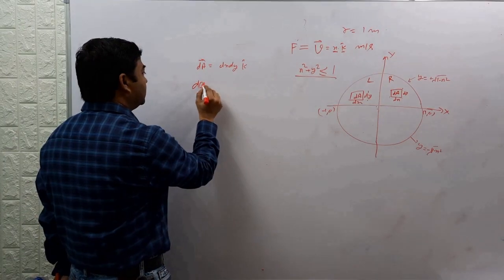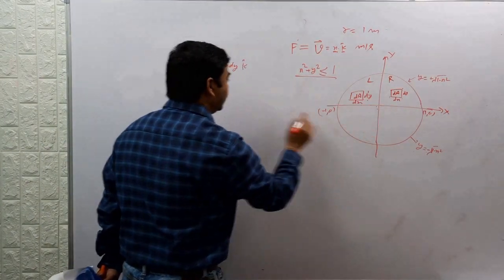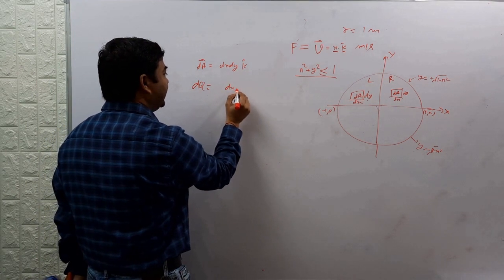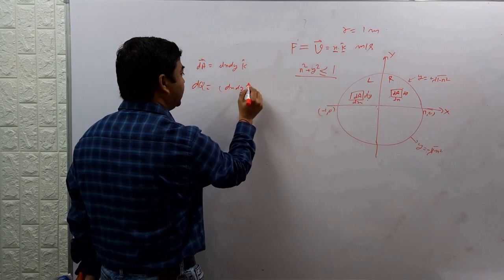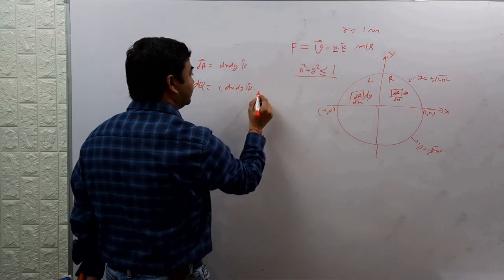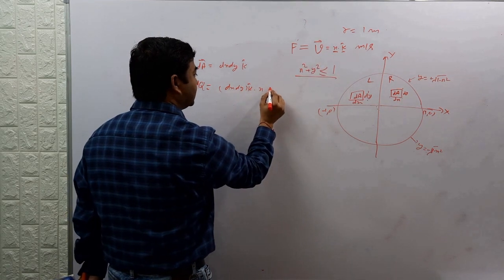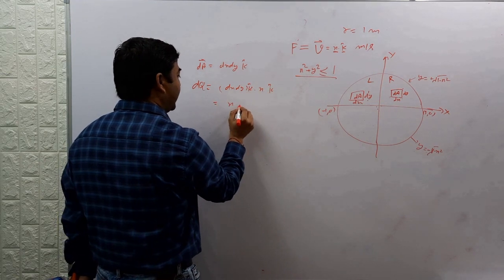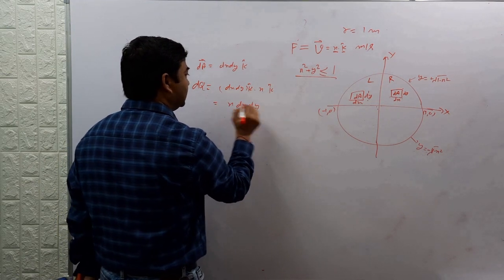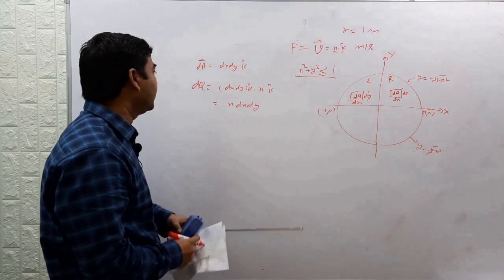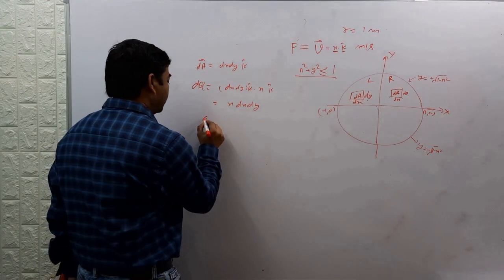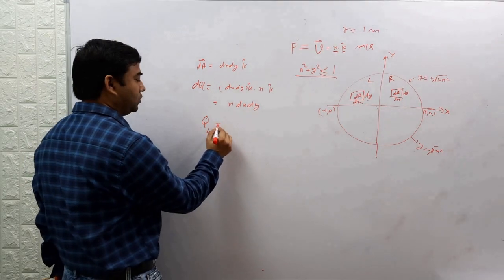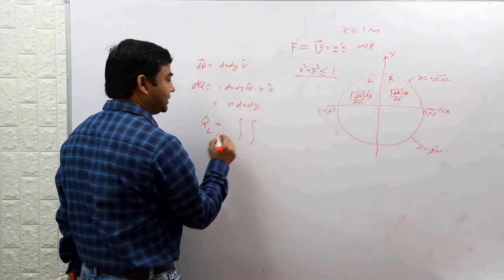So dΦ, the flux for this half, is equal to dx dy k dot v, which is x k. k dot k is 1, so this is x dx dy. Again, for the total left half flow we will use double integration.